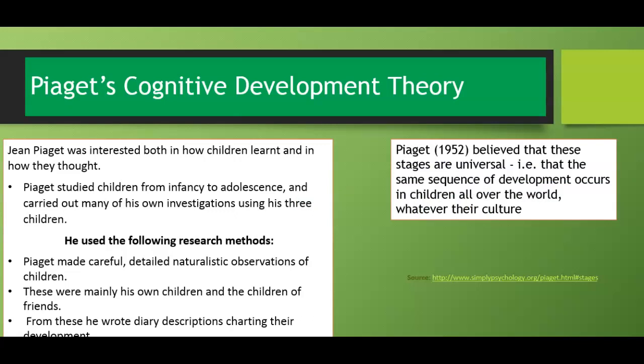So, Piaget's cognitive development theory is basically our stages that each child, no matter who they are, where they come from, what cultural background, will go through. Piaget believed that these stages are universal and that the same sequence of development occurs in children all over the world, whatever their culture. Okay.